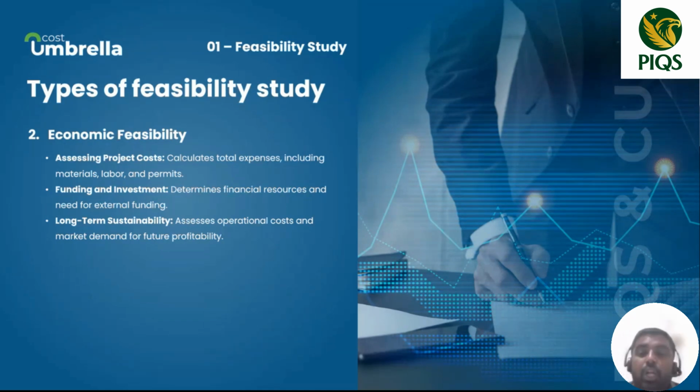You have to check not only this initial cost cover-up, we have to check about the operating cost. I mean, long-term sustainability, right? For example, you have constructed a beautiful palace. You are planning to rent it out for events. But since you have used too much lighting and all, your operational cost, that means electricity cost, is high.